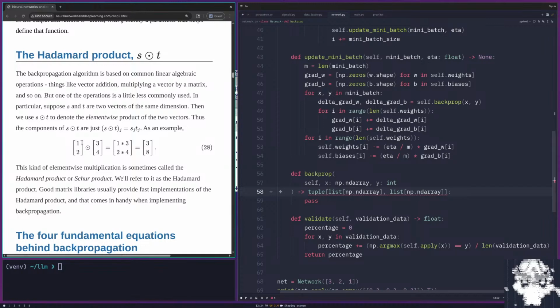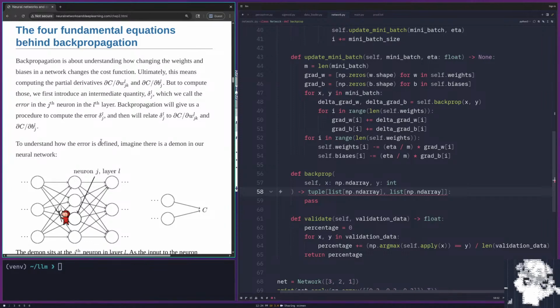As an example, you take 1 times 3 and 2 times 4, and that gives you the Hadamard product. This kind of element-wise multiplication is sometimes called the Hadamard product or Schur product. We'll refer to it as the Hadamard product. Good matrix libraries usually provide fast implementations of the Hadamard product, and that comes in handy when implementing backpropagation.